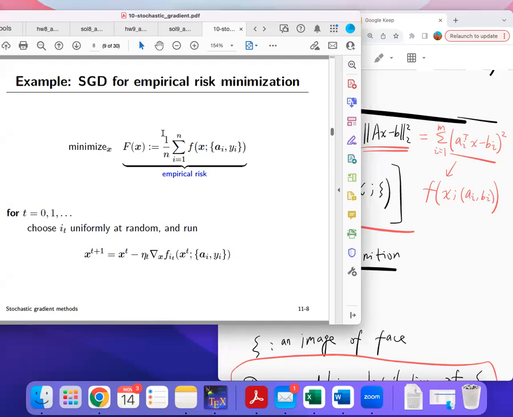Now, again, computing the full gradient. If I want to do gradient descent, then I will need to compute the gradient of this entire summation. And this may involve, depending on how many samples you have, 10,000 or even 100,000 samples, which is not a big sample size for machine learning applications nowadays.